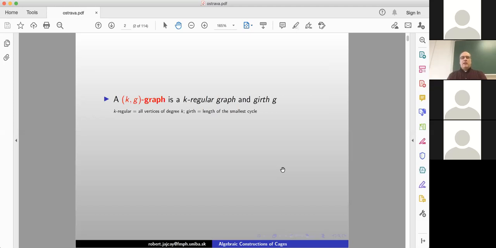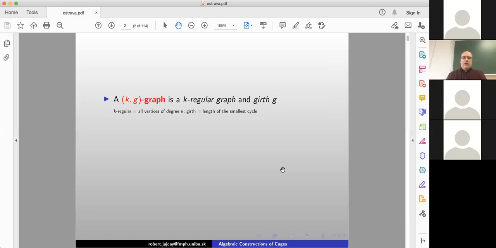I will be talking about the graphs where I know the length of the smallest cycle. So I'll be talking about k-g graphs. Those are graphs where each vertex is of degree k and the smallest cycle is of length g. So it does have cycles and the shortest cycle is of length g.